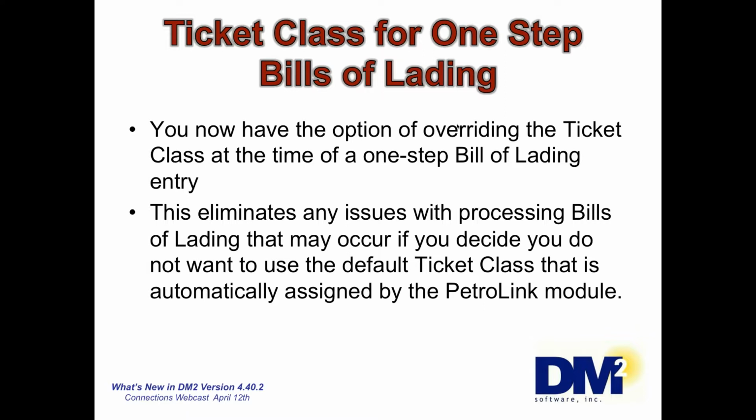One of the problems is that if that sales order had come off of a delivery scheduler, if it had been a scheduled delivery, it would have had a ticket class, but you had no ability to override or access the ticket class like you can in sales order. Because you couldn't access it, it created some issues with processing bills of lading if you decided you didn't want to use the default, because there was a default automatically assigned in the Petrolink module, and if you needed to override the ticket class, you couldn't.